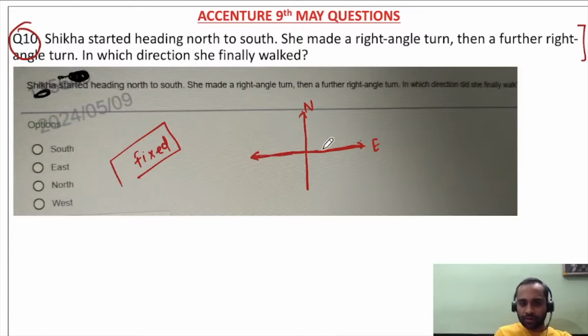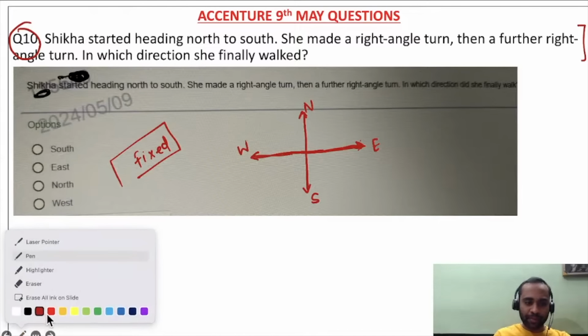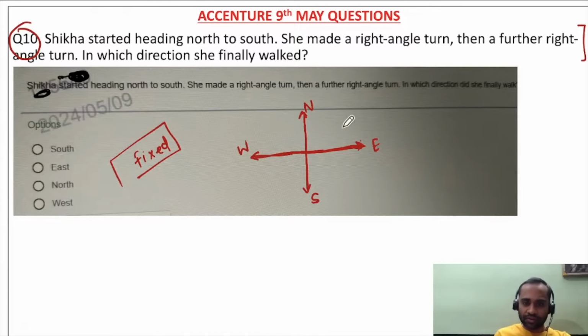So north, east, south, and west. Okay, now what is happening? Sikha started from north to south like this. Then she made a right angle turn and then a further right angle turn. So friends, either she goes right or left.